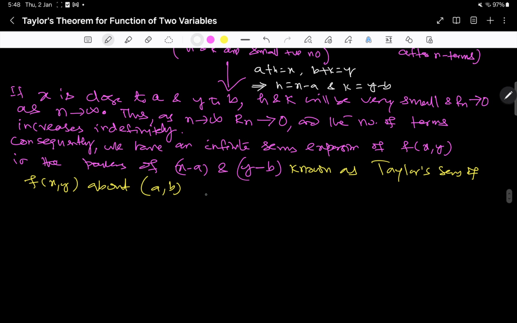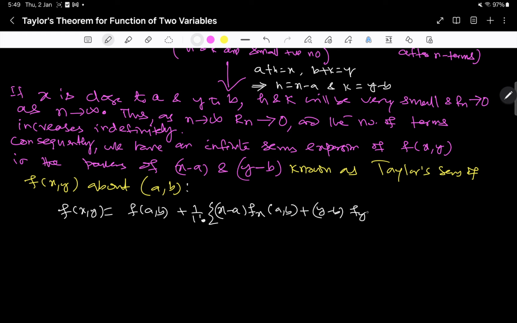So this Taylor series expansion is given by f of x y equal to f of a b plus 1 by factorial 1 times x minus a f x at (a, b) plus y minus b f y at (a, b).